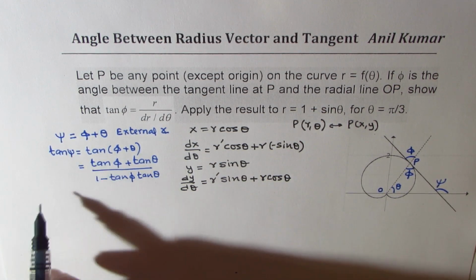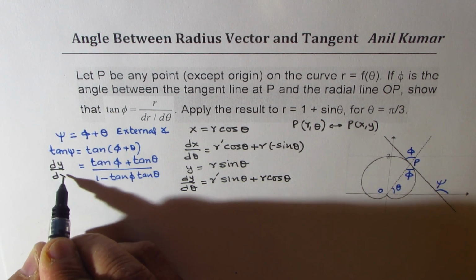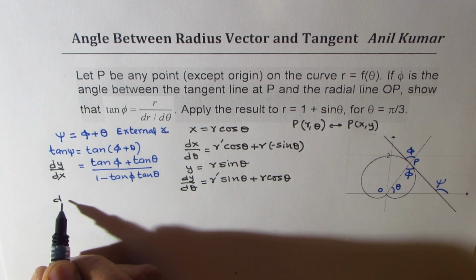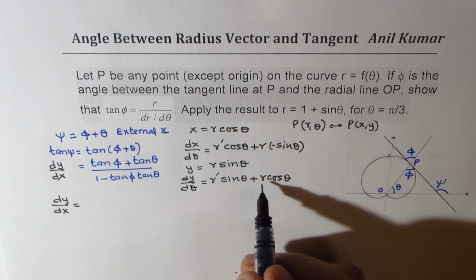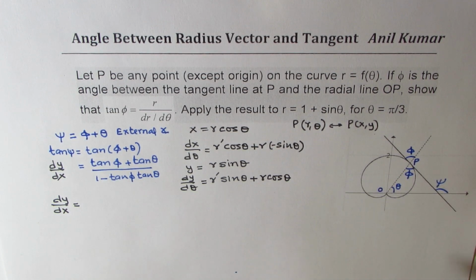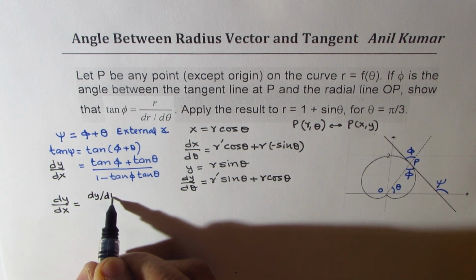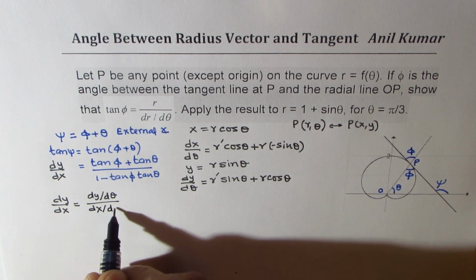So both are the same thing. So from here we get another expression for dy by dx. We could write the ratio of these two, that is to say, dy d theta divided by dx d theta, correct?